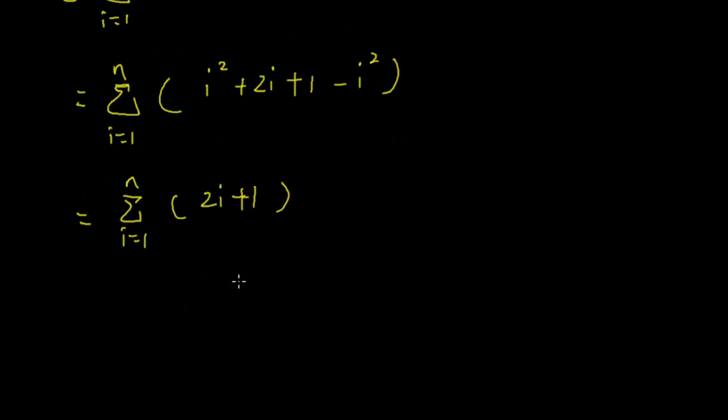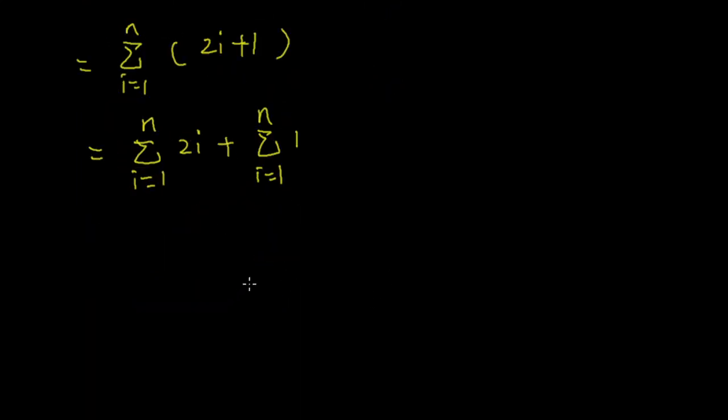Okay. The next thing is to distribute the summation symbol to each term. Here, that is the sum of i equals 1 until n of 2i, plus the sum of i equals 1 until n of 1. Now, over here, we do know that the sum of i equals 1 until n of 1 is just equal to n.